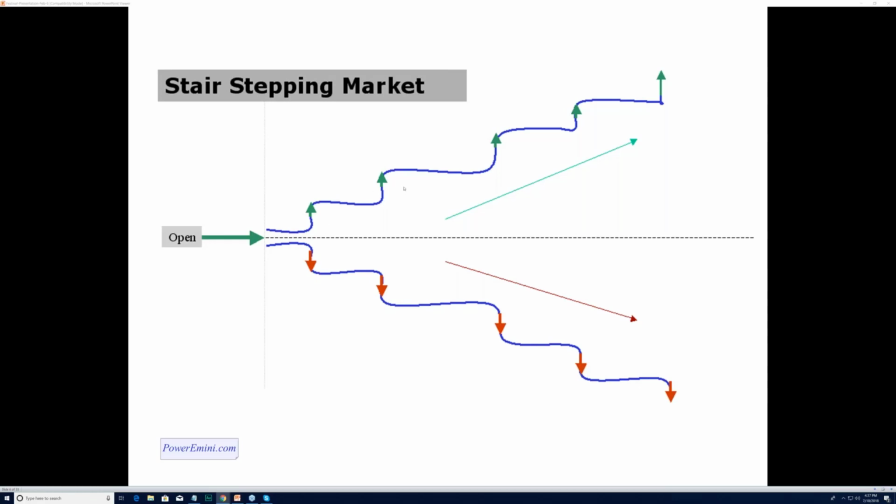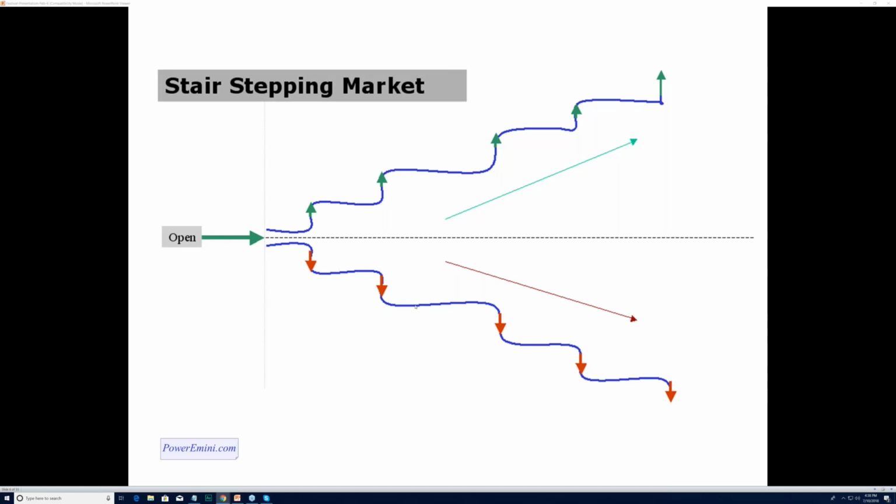And so this is typically a market that's under accumulation, right? All day long, there's heavy buying pressure, 5, 8 times the selling pressure, and so we just float higher and higher. And this is a stair-stepping market where, again, the sellers are going to be overwhelming the buyers just all day long.